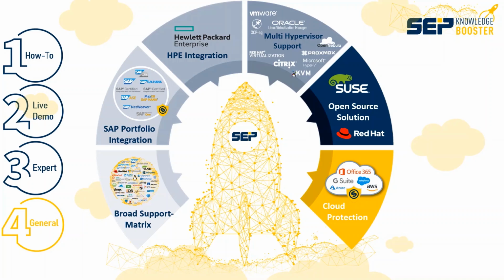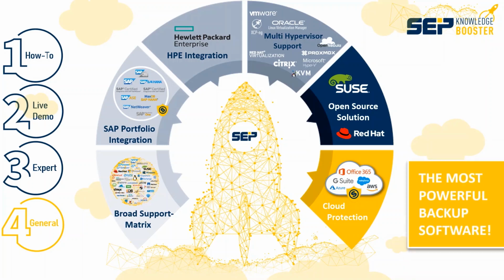With SEP Sesam, it is possible to run completely in AWS, replicate to a public cloud via S3, or simply use Catalyst Cloud Bank storage and let HPE StoreOnce do the replication work. All these topics are covered in separate videos. Therefore, we can proudly state that SEP Sesam is the most powerful backup software.